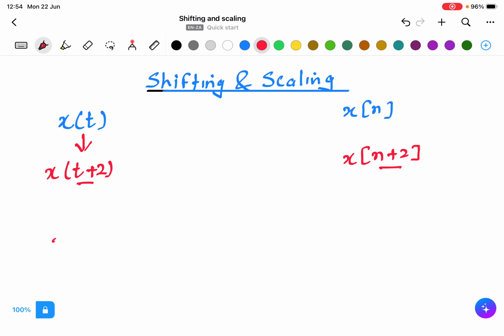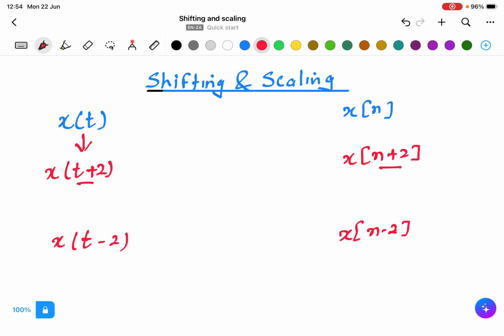Again, if I'm saying x(t-2) and x(n-2), it means the same in a way that they are both similar. The only difference is that one is a discrete time signal and the other is a continuous time signal.